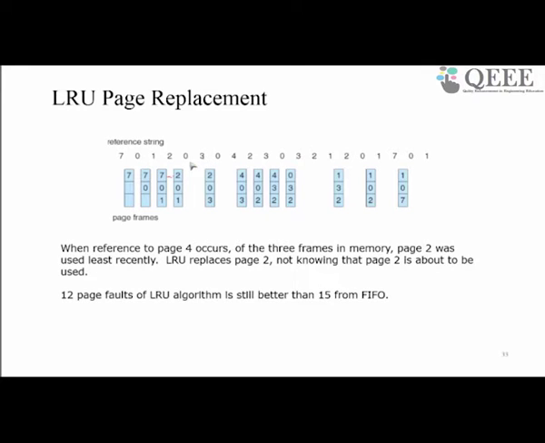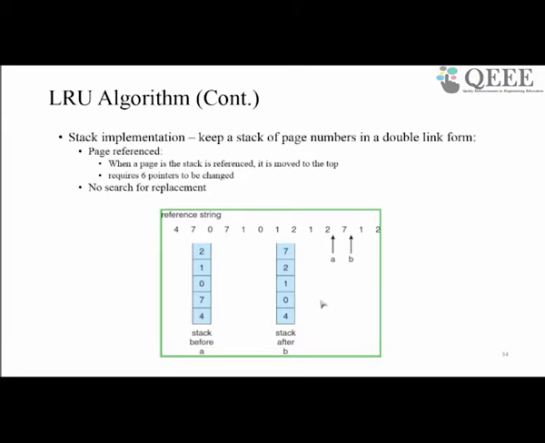Among the ones present, 0 and 2 are referred, 1 is not required, so you replace 1 by 3 and so on. There are 12 page faults from LRU, whereas if you had used FIFO, you would have got 15 page faults.